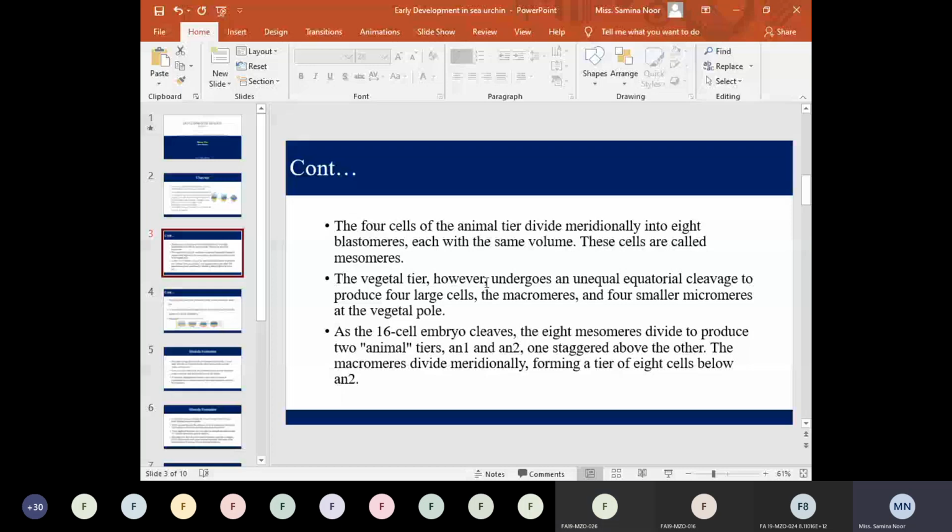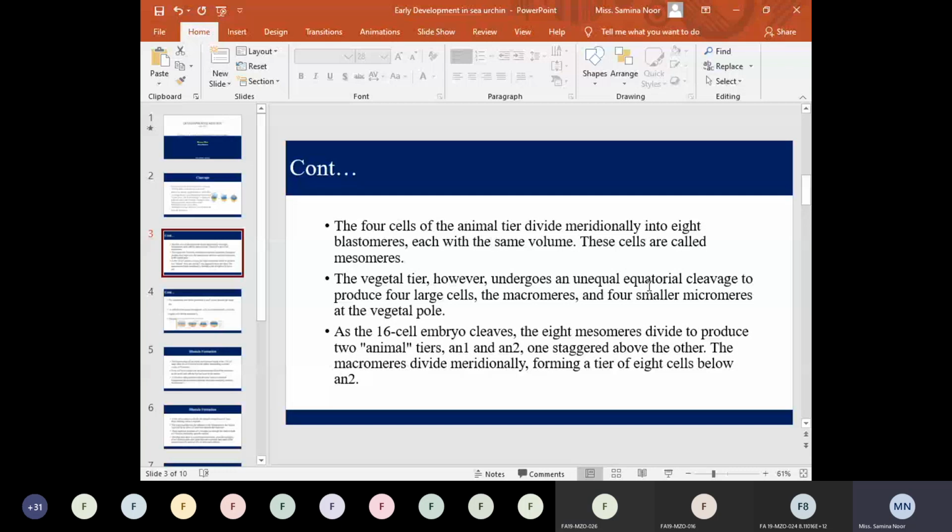The cells of the vegetal tier or the vegetal hemisphere during the fourth cleavage undergo an unequal equatorial cleavage, or unequal horizontal division. As a result of this unequal equatorial cleavage, two types of cells are produced. One is known as macromeres and the other is known as micromeres.